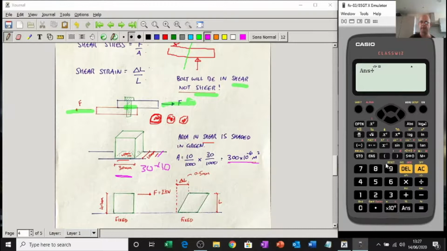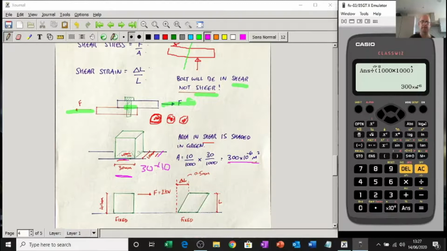So you've got to divide by 1,000 by 1,000, which will give you that. So you can do it that way.